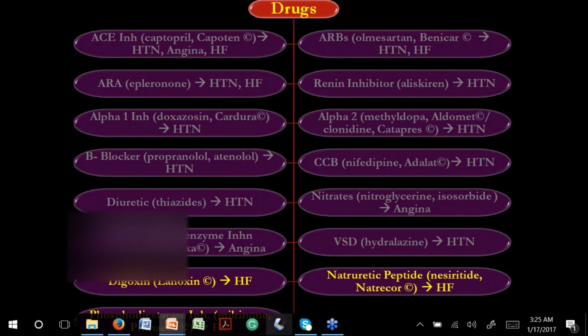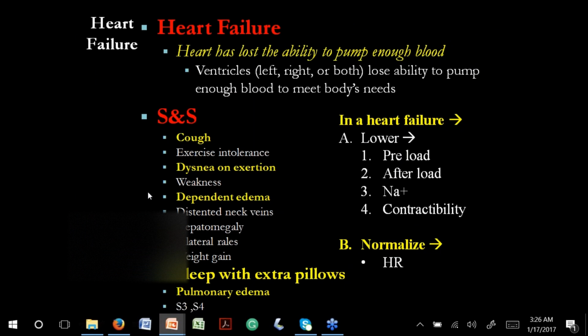So let's talk about heart failure, and here we are going to talk about 3 medications. We are going to have the phosphodiesterase inhibitors here at the bottom. Here we have the natriuretic peptide, and we have digoxin. So, heart failure. In the classroom, we were talking about the pathophysiology of heart failure in order to understand what this medication is doing. In conclusion, in heart failure the heart is not pumping properly.